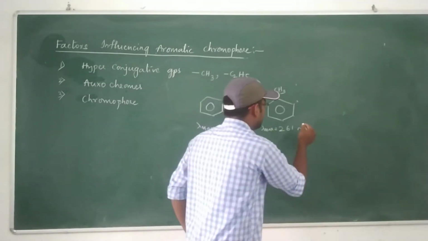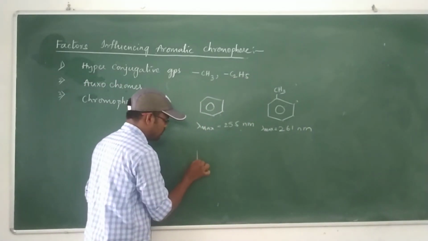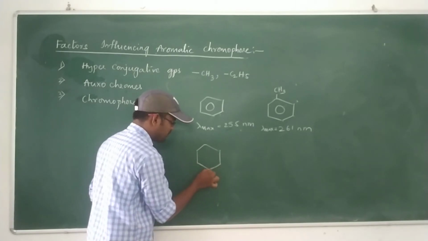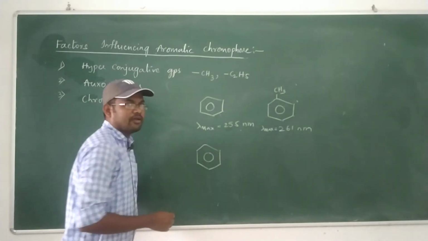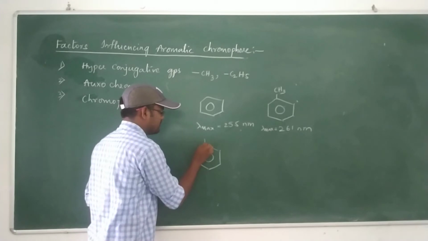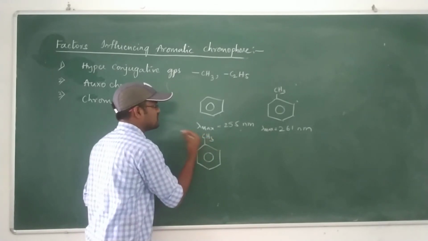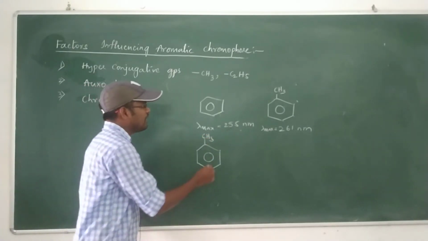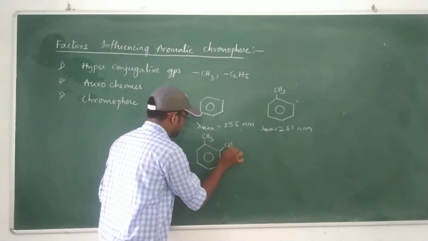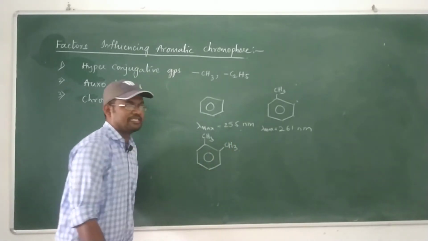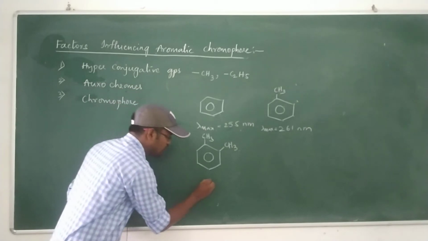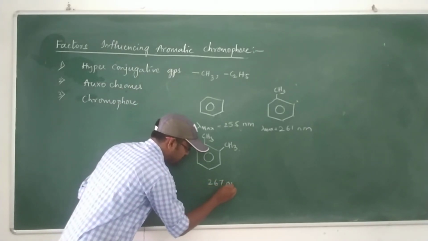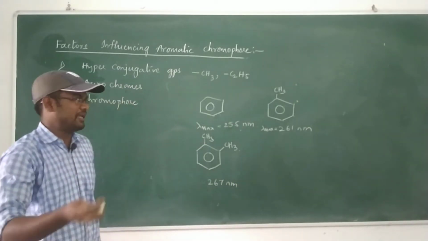Next, on increasing the number of hyperconjugative groups, lambda max also increases. The simplest toluene shows 261 nanometers, and two methyl groups, that is two hyperconjugative groups, present on a benzene show 267 nanometers, an enhanced value.